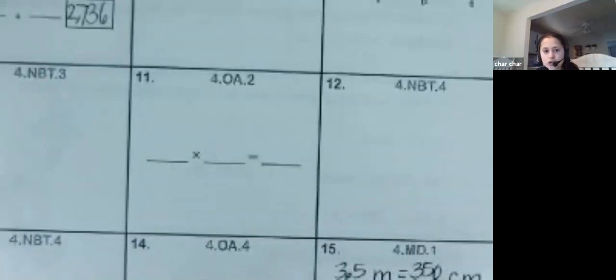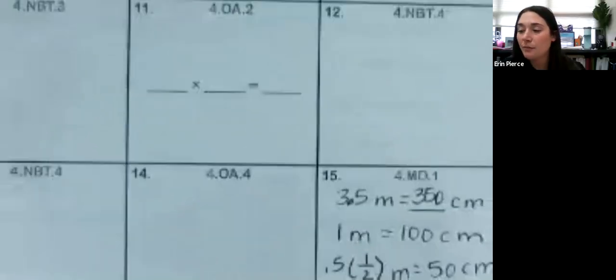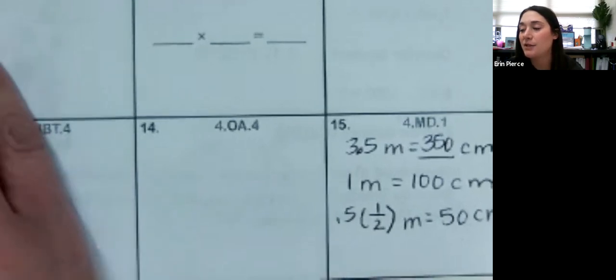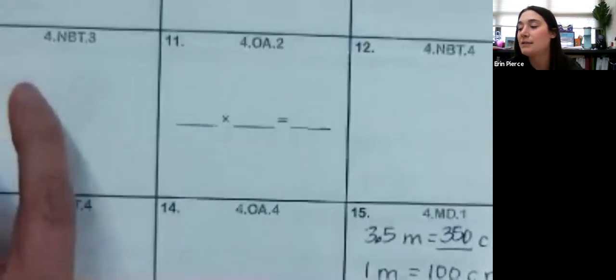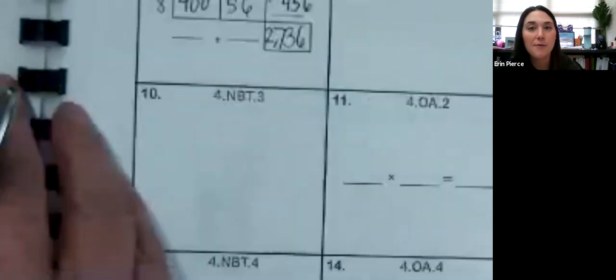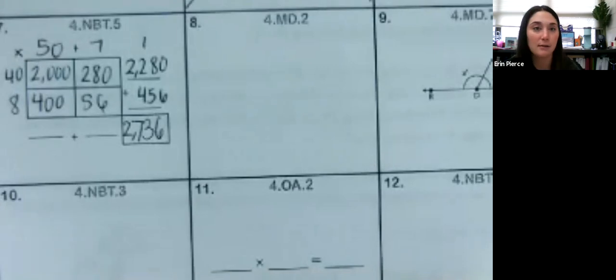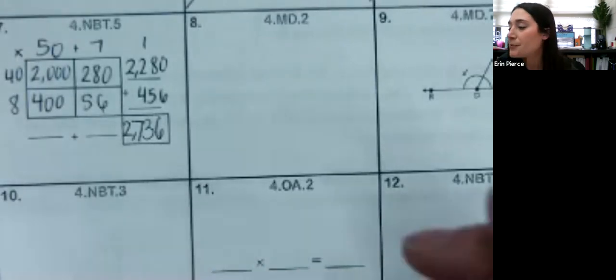Could you do number 8? Mrs. Yu bought a 4-liter jug of water for the soccer team. The first player drank 500 milliliters. How many milliliters were left in the jug that Mrs. Yu bought? So it sounds like we need some reminders of our metric unit.